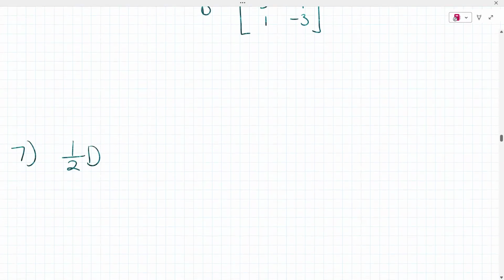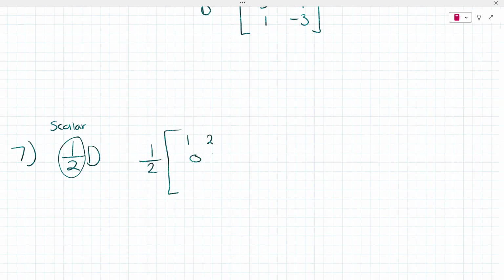Okay, 7. We're multiplying 1/2 by the matrix D, so 1/2 is technically a scalar. So it's basically saying 1/2, and then your matrix is 1, 2, 0, 1, -2, and 4.